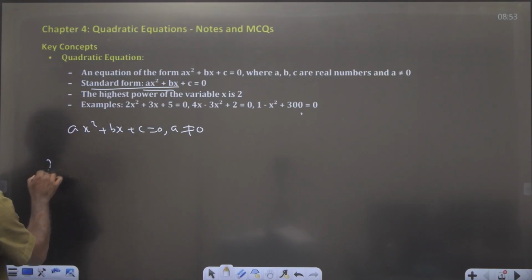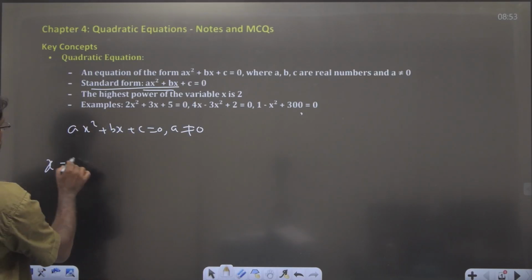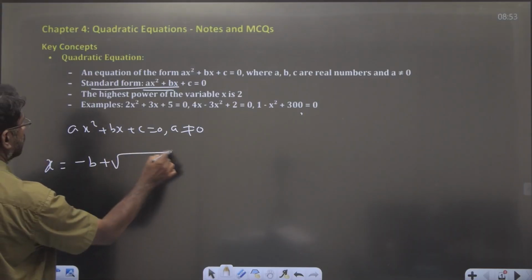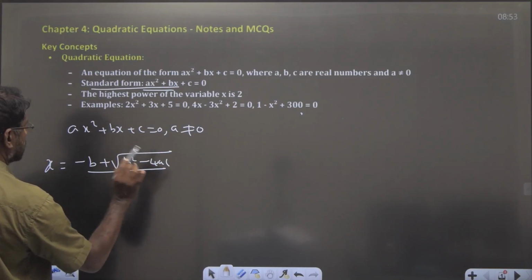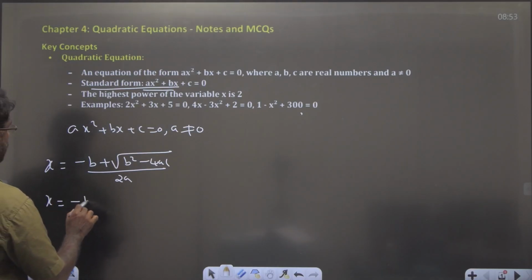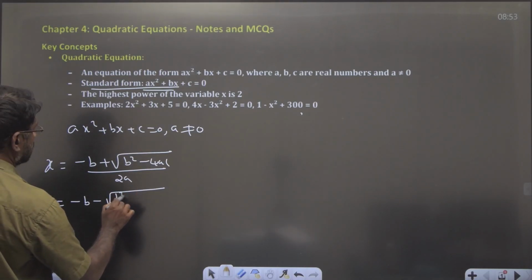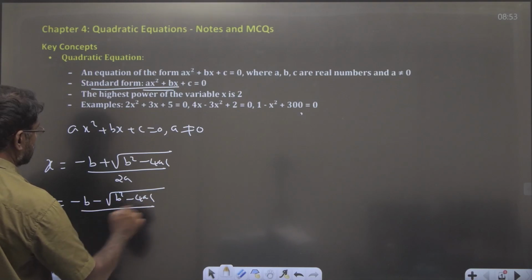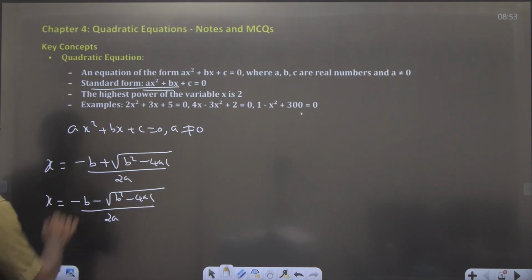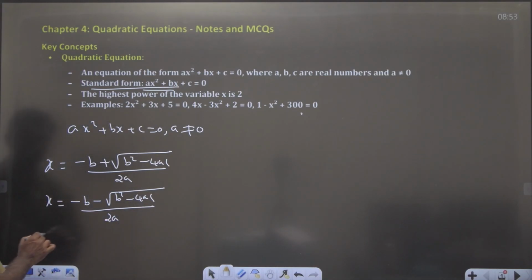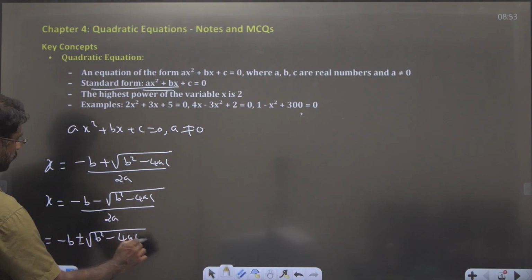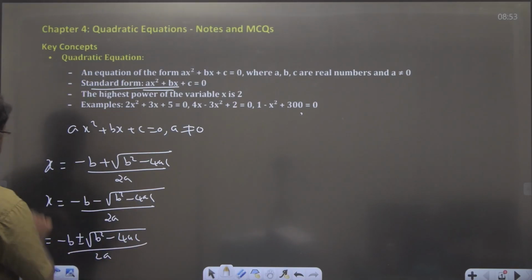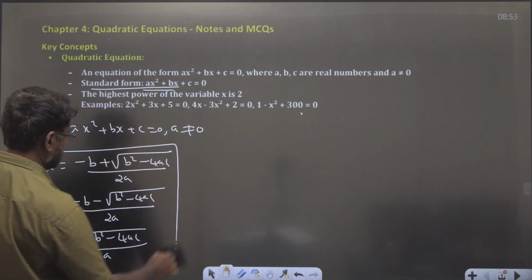Then using the quadratic formula, x is equal to minus b plus root of b square minus 4ac by 2a, that is one root. x is also equal to minus b minus root of b square minus 4ac by 2a, that is the second root. We can club both these equations: x is equal to minus b plus or minus root of b square minus 4ac by 2a. This is the quadratic formula.